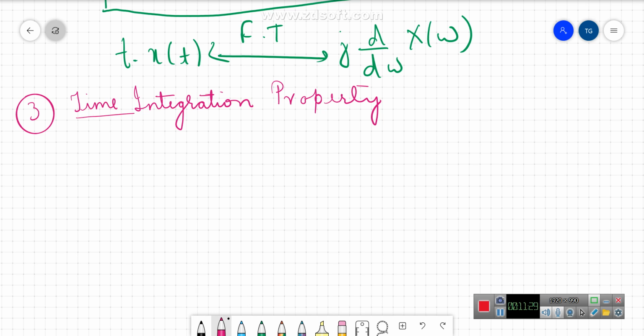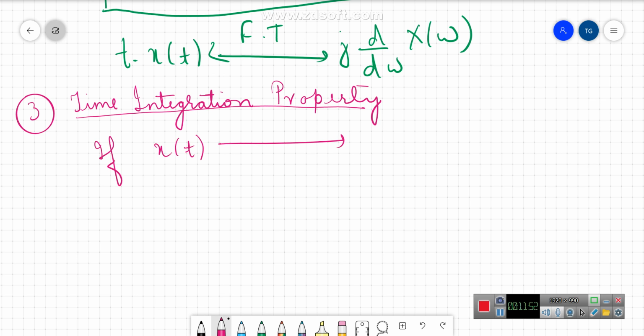So what it is stating is that we are integrating our time domain signal x of t, and in the frequency domain its repercussion is that its Fourier transform gets divided by a factor j omega.